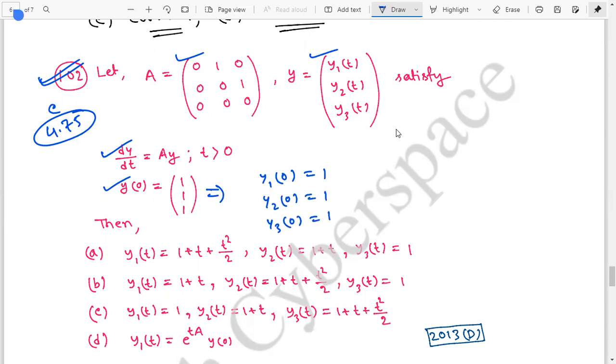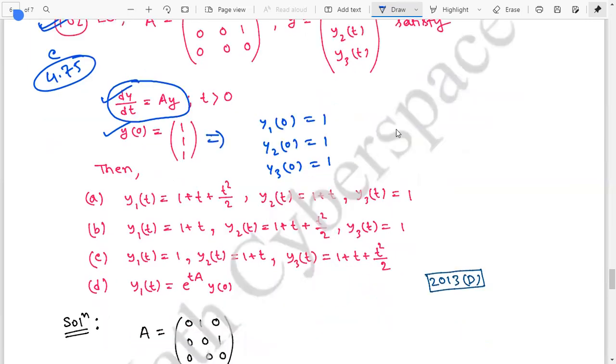And from this given differential equation, if we consider that A is a scalar, suppose y is equal to our first solution y1. So dy1/dt equals A y1.